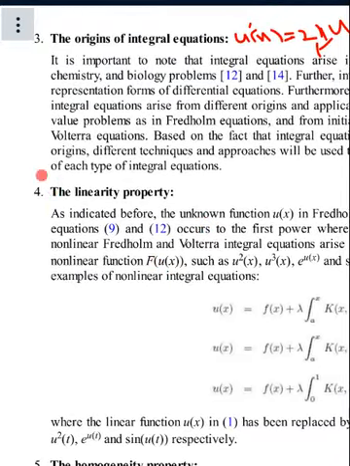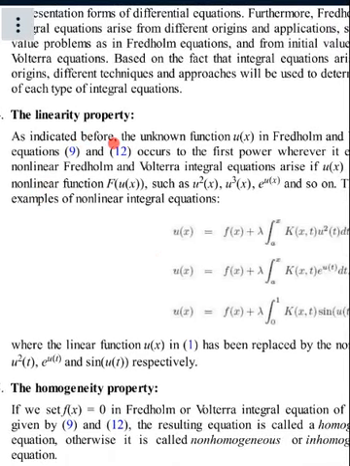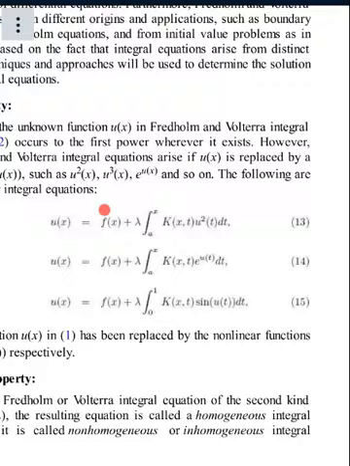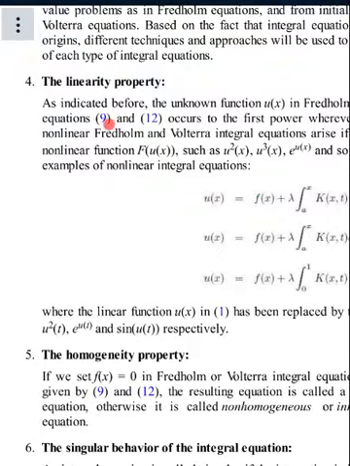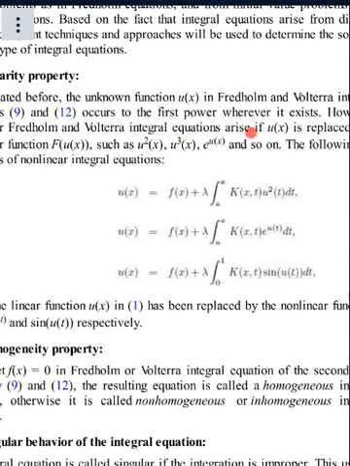The last remark refers to the linearity property. As it was explained before, the unknown function u of x in Fredholm and Volterra integral equations in the general form occurs to the first power wherever it exists.